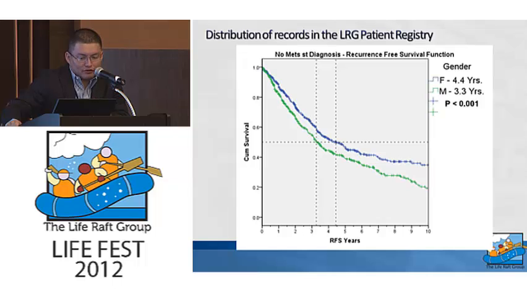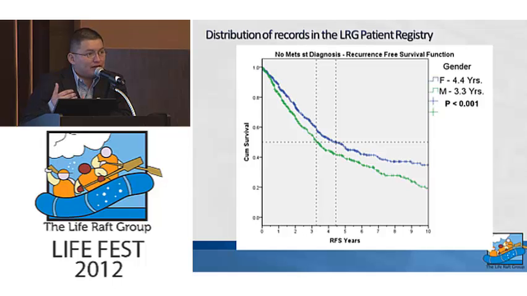Now, let me show you a survival curve, a recurrence-free survival curve, classified by gender. We have two in there: female, who's the blue line, and males, who's the green line. What this is telling us is that before a patient has a new progression, a new recurrence, it is going to take for females a median of 4.4 years, and for males, 3.3 years.